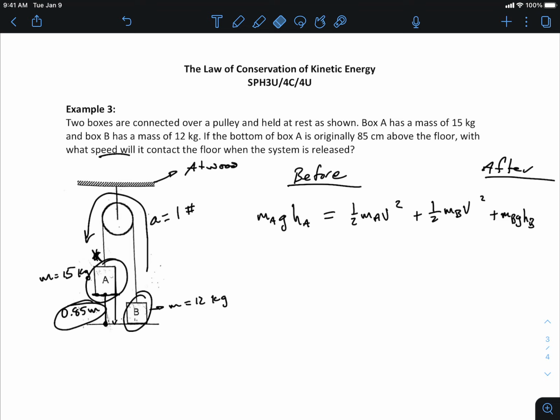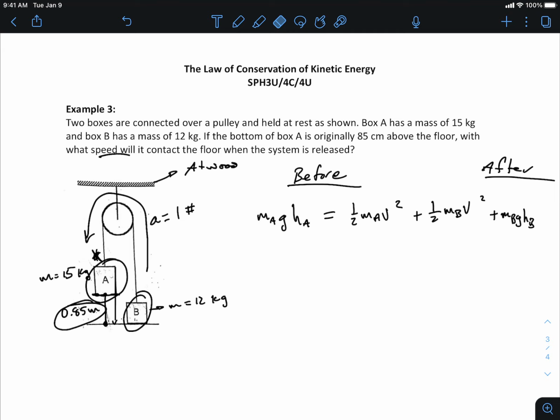And what your answer is going to be is we're going to find the speed of block A. But you could say the velocity of block A would be whatever the number is down, and the velocity of block B would be whatever the number is up. We know everything else in this question. It's just the velocity value that we're after.